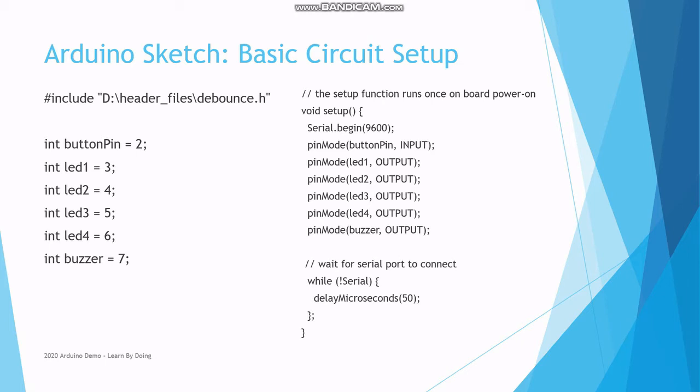It will wait in the setup function until the serial port connected to the PC is ready for serial communication. There is a small while loop created there with a delay in microseconds, and it will continue to execute this loop until the serial communication is established.